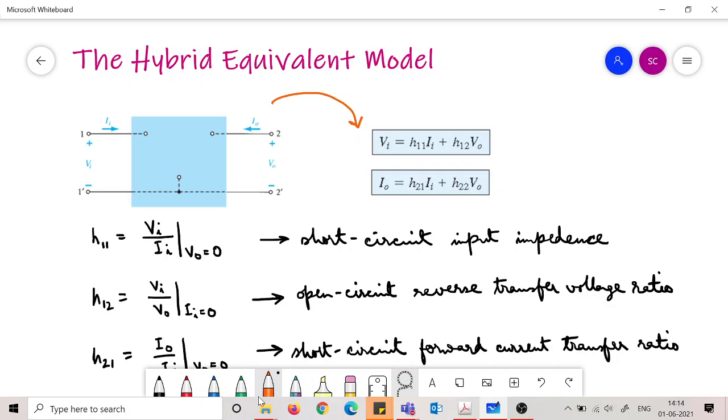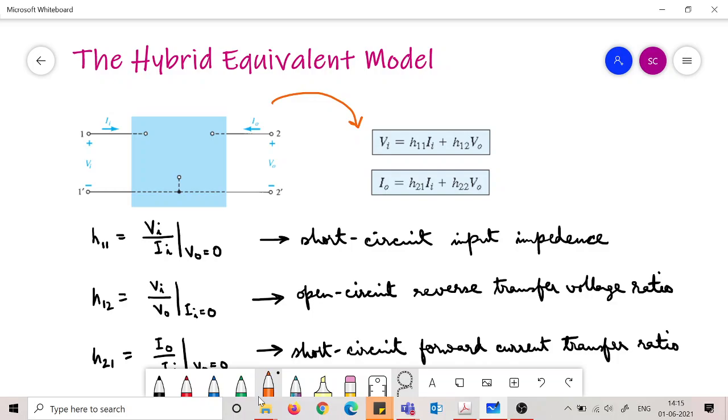Okay, let me clarify one thing. I told you that this modeling can be done only if the system inside is a linear system. However, we started this entire course with the idea that we are studying nonlinear elements in a circuit.